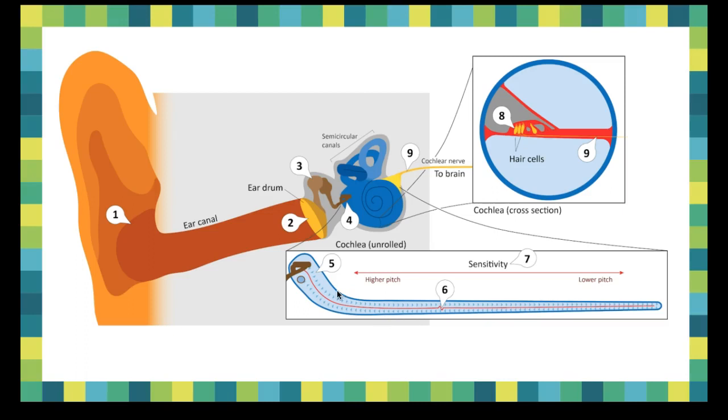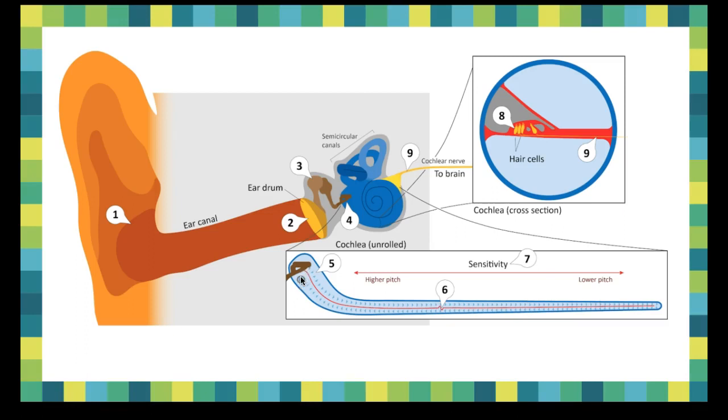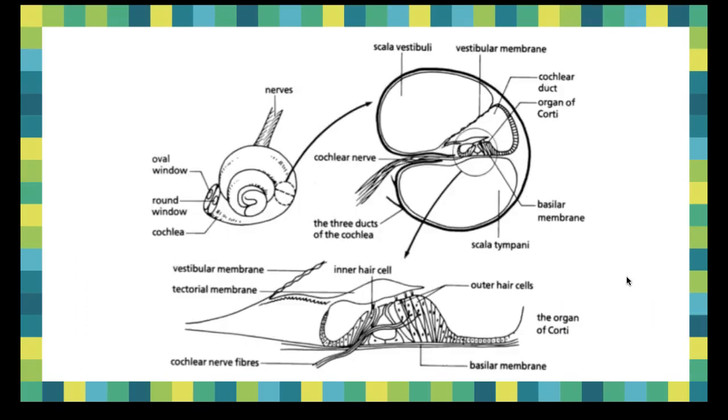And then this was just showing you if I unstretched the cochlea, this is kind of what it would look like. Again, really close to the oval window and the round window. If it's a high-pitched noise, it would be going across the basilar membrane there. If it's a low-pitched noise, it travels all the way to the very end. And then just another diagram again, the cochlea cut in half.